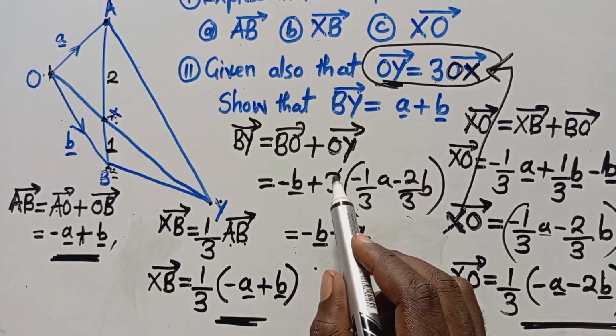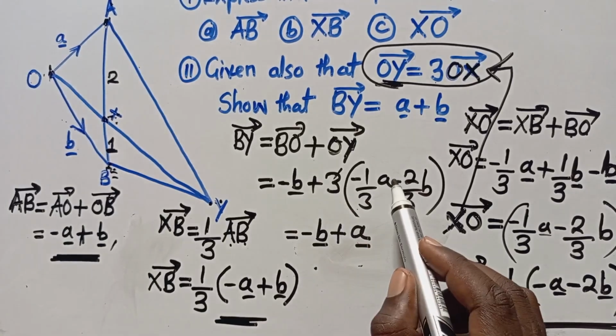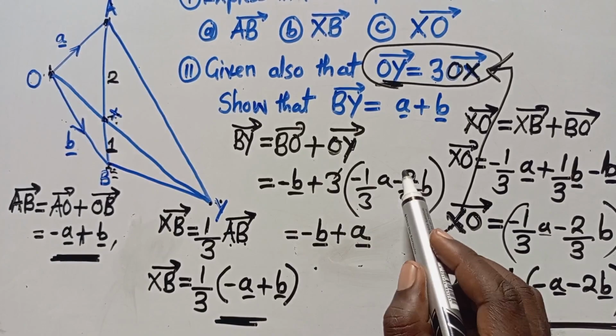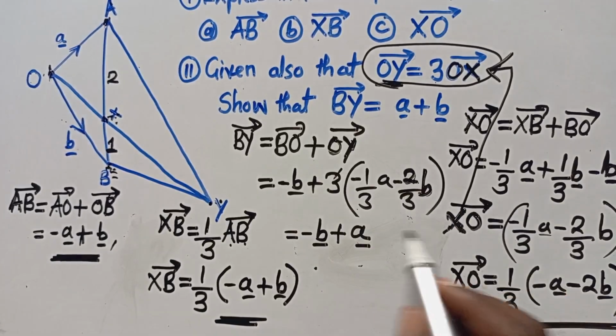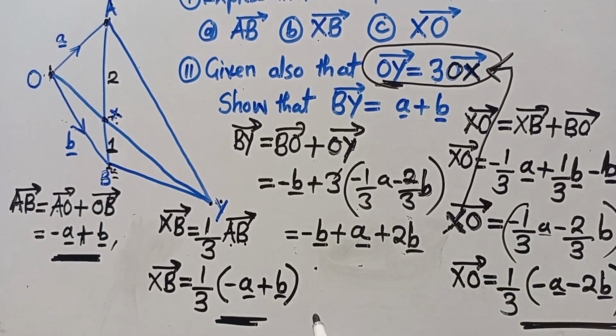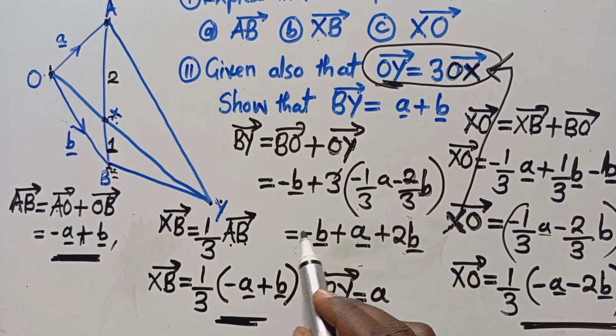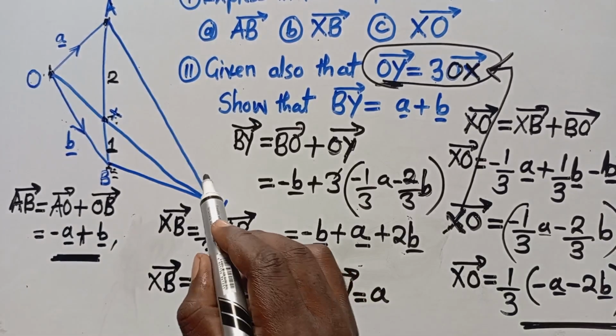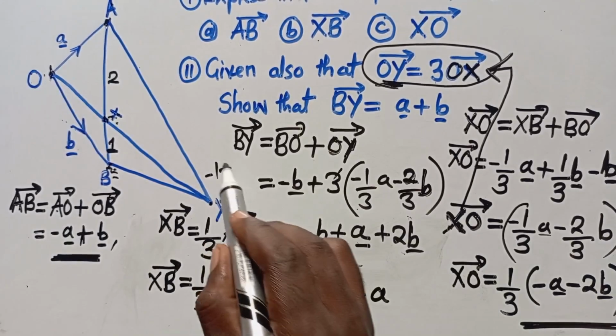Then I go to this one, 3 cancelled. I'll remain with negative b, negative 2b. Since I'm multiplying with a negative, so it becomes plus what? 2b, like this. Where I know that this is by, so vector by is equal to, this is a, negative b. So this is negative 1 plus 2.